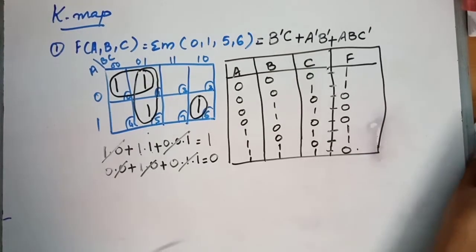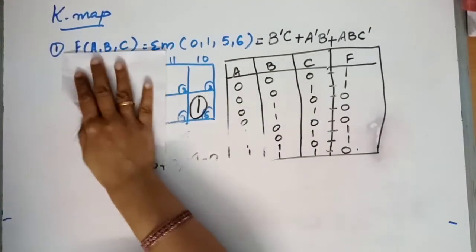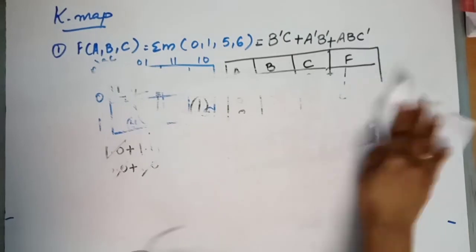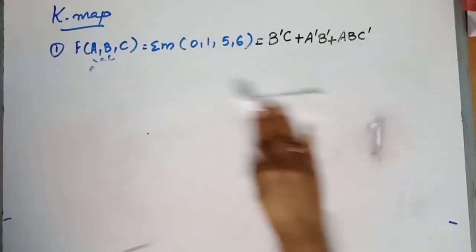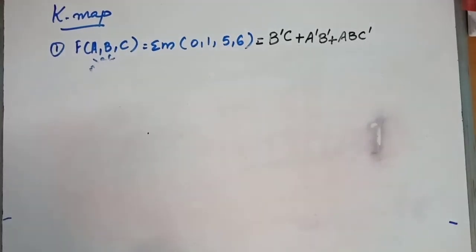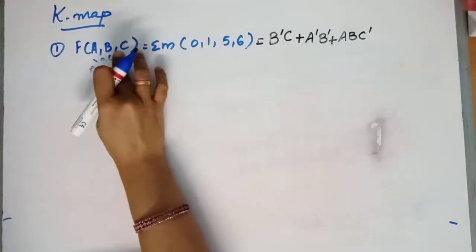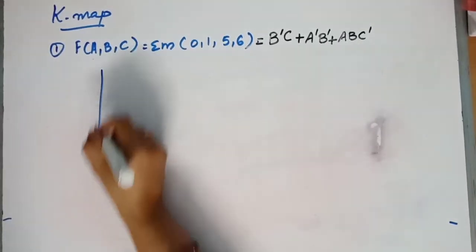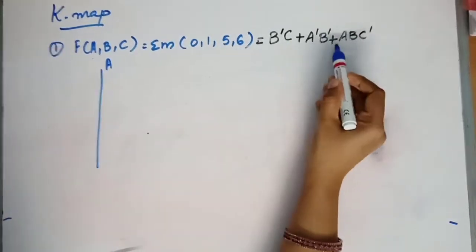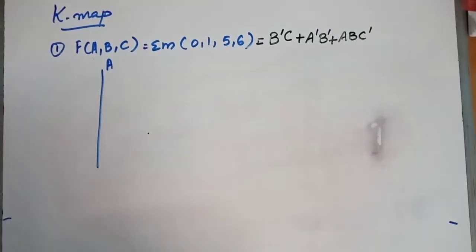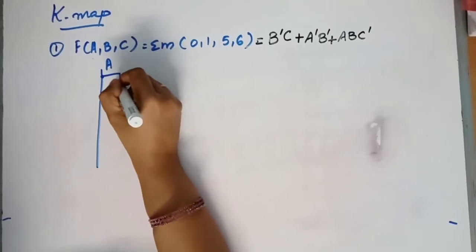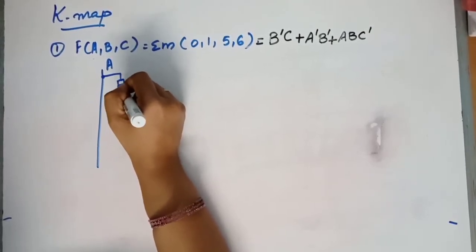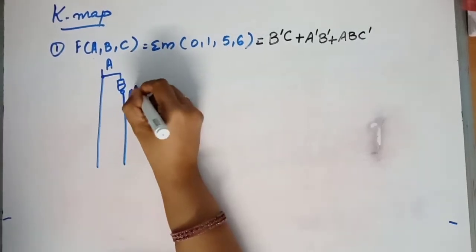So in order to draw the circuit, for A, you have an A bar. The question was draw using NAND only. So for bar you need to put a NOT gate. So this is your A bar.